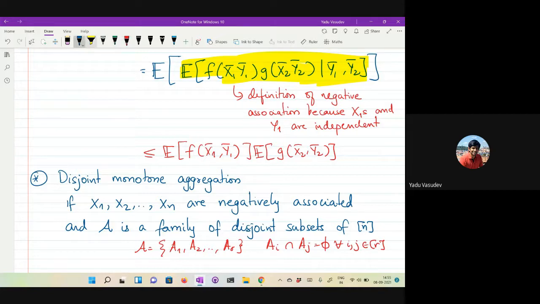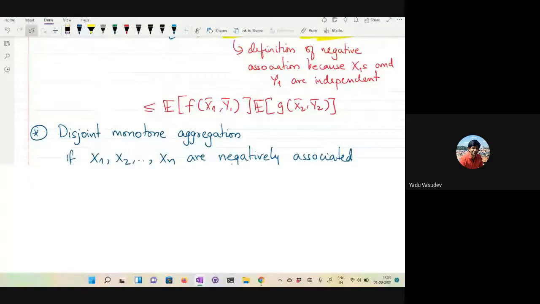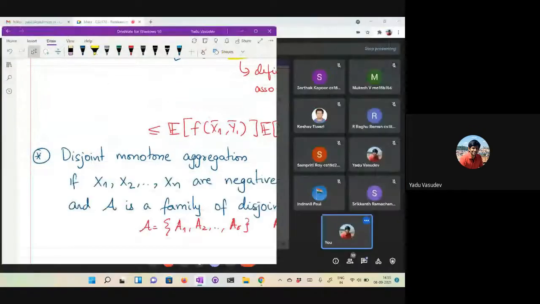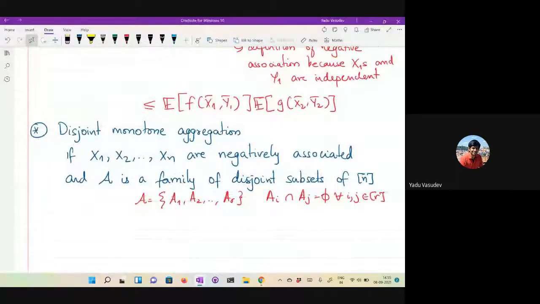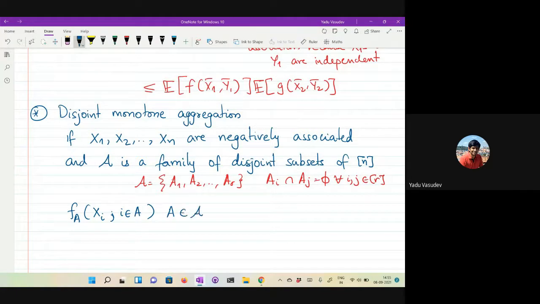If you take such a collection of sets, then look at the random variables f sub A defined on all xi such that i is in A, where A is an element of this collection, script A, such that f sub A is non-decreasing.